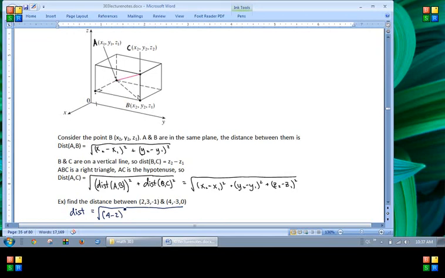So 4 minus 2 squared plus negative 3 minus 3 squared plus 0 minus negative 1 squared. And you just got to work that out. So 2 squared is 4, negative 6 squared is 36, and then 1 squared is 1. Square root of that whole thing is the square root of 41.